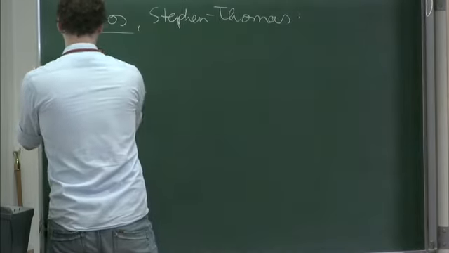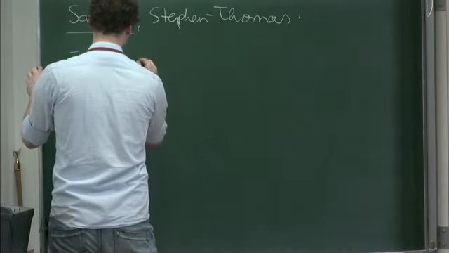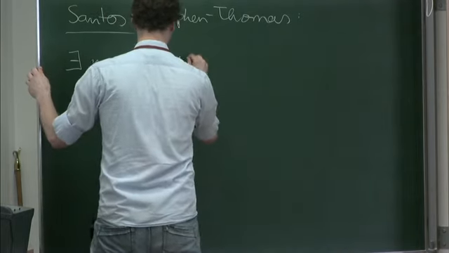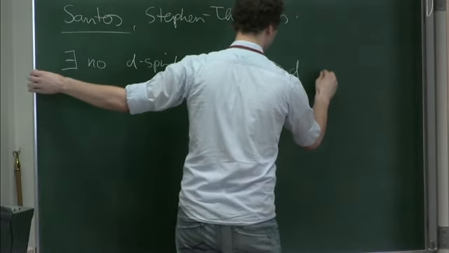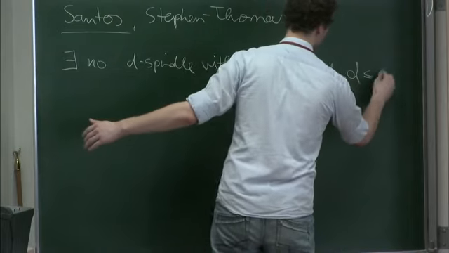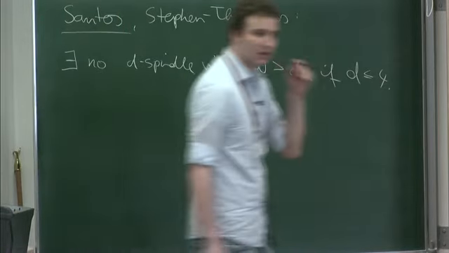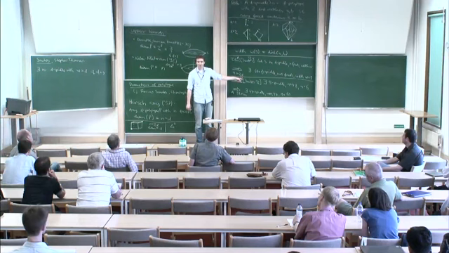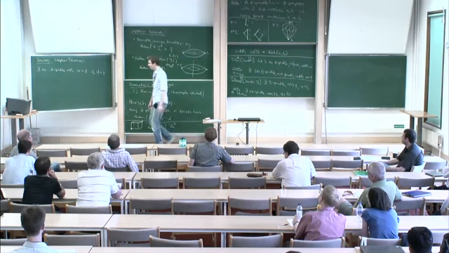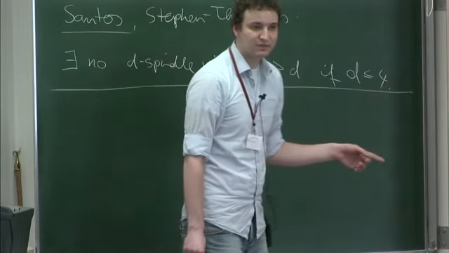They proved that there exists no d-spindle with width larger than d if the dimension is at most 4. So the start of the induction cannot be 4 or less dimensional. So 5 is really the first dimension in which you can find such a spindle that gives rise to a counterexample. So that's why we are now interested in 5-spindles.